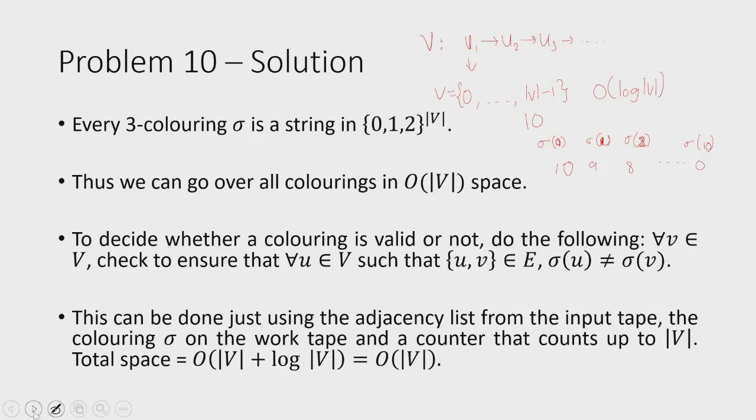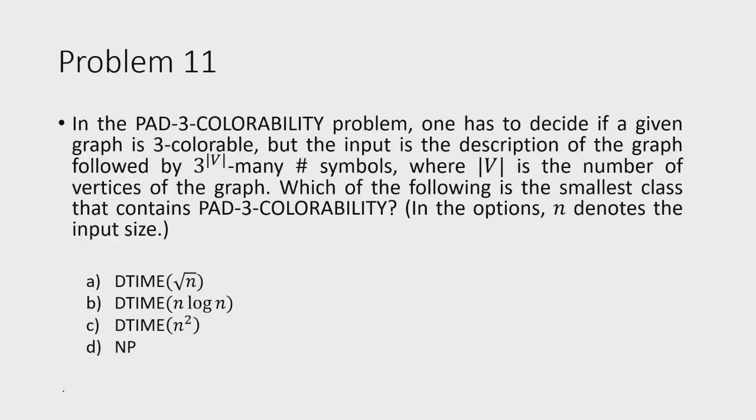Okay, so the next question is related to this question. We are defining a new problem, pad 3 colorability, defined as follows. One has to decide if a given graph is 3 colorable, but the input is a description of the graph followed by 3 to the size of V many hash symbols.